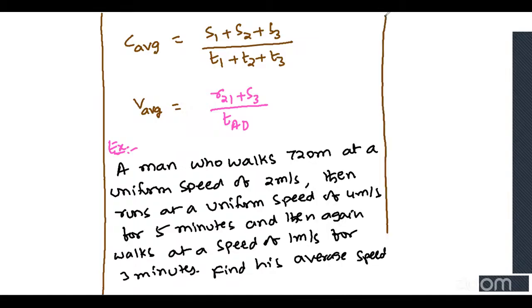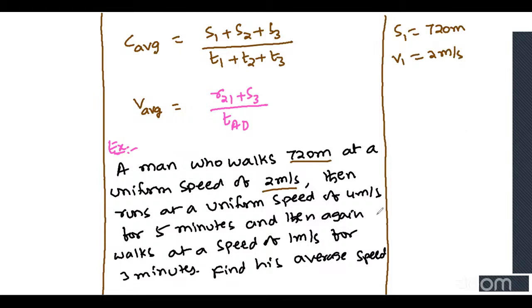Okay, sir. First see, a man who walks 720 meters. That means S1 equals 720 meters and V1 equals 2 meters per second.